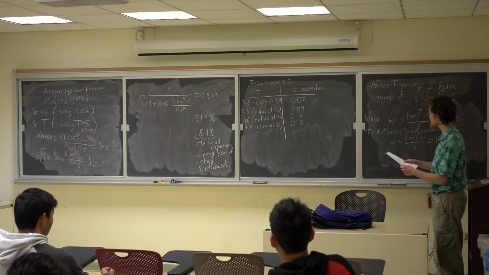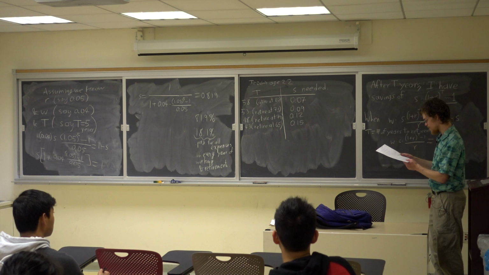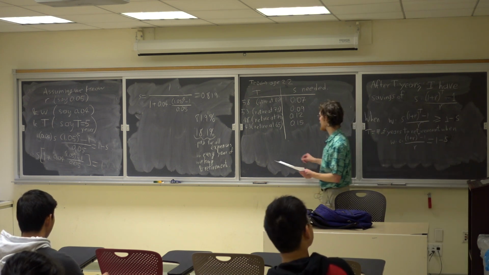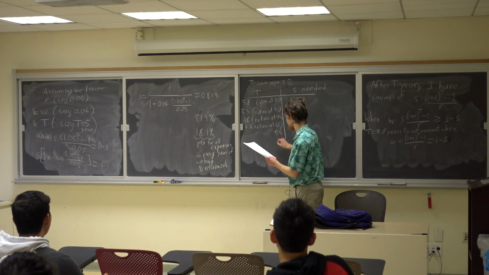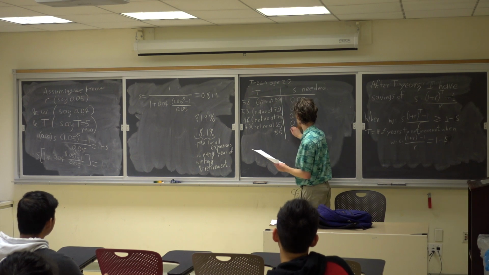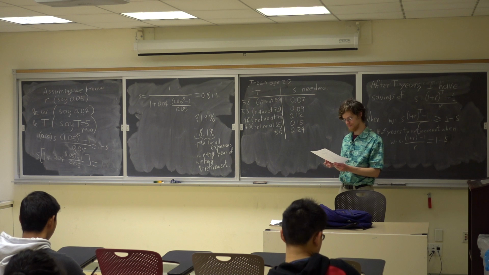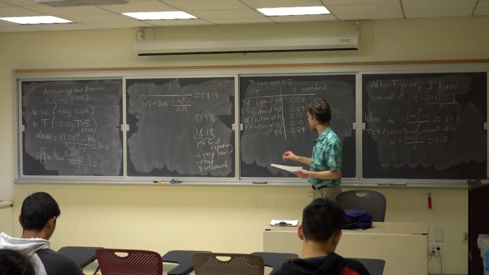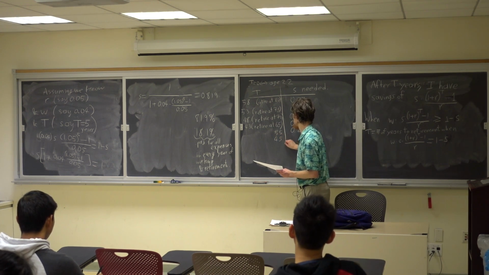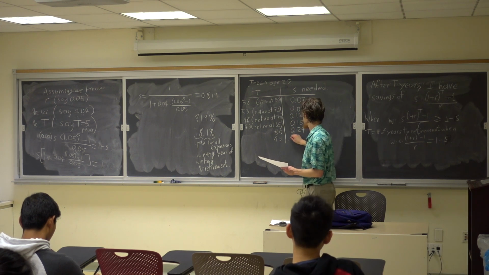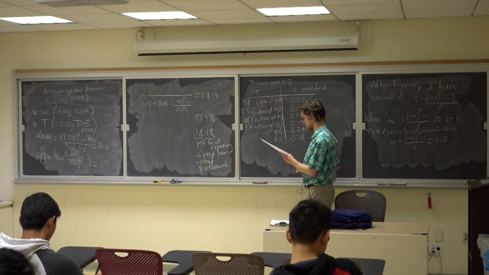Okay, so I did have a few other things on my chart. So what if you want to retire at age 55? Then you'd want to save 24% of your income. If you want to retire at age 45, you'd want to save 38% of your income.